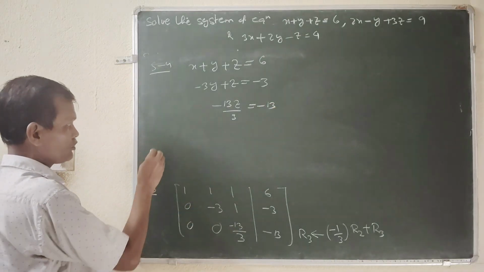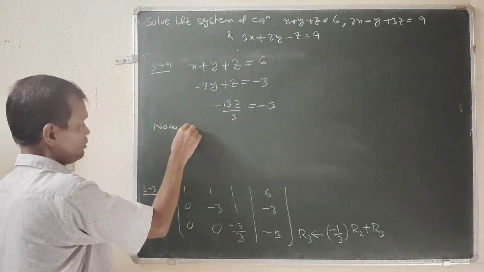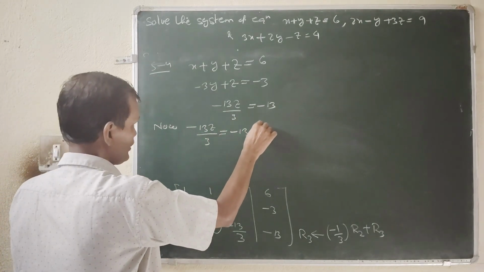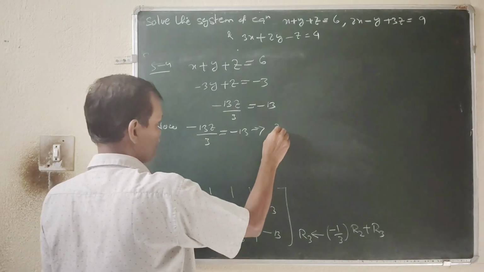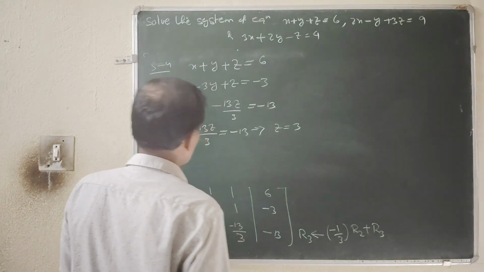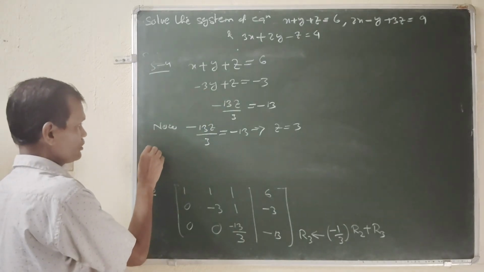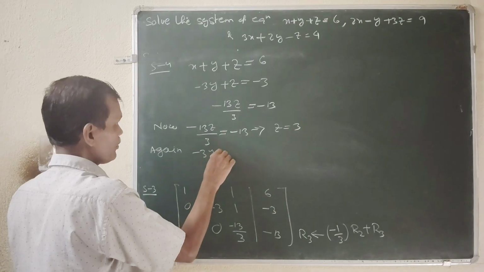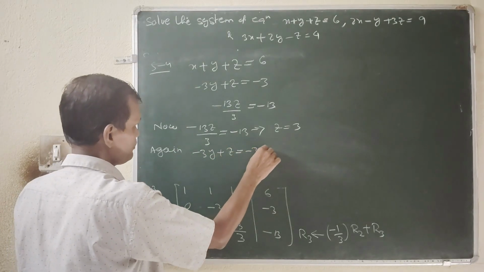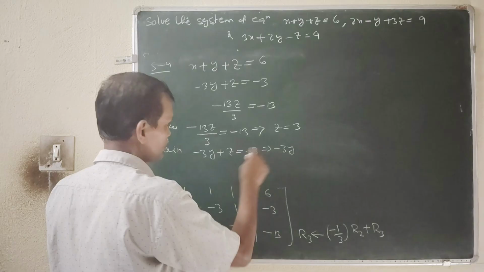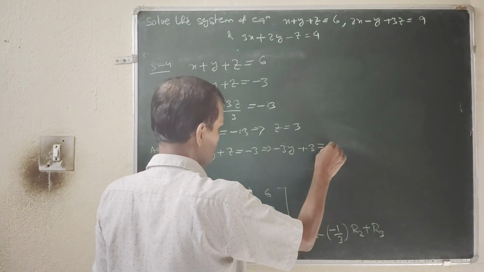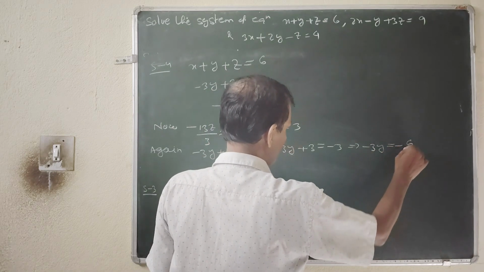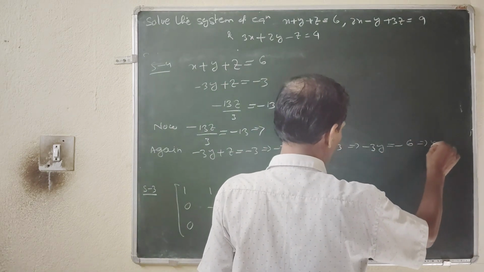Okay, so by backward substitution, minus 13z by 3 is equal to minus 13 implies z is equal to 3. Then put this value of z in the second equation. So again, minus 3y plus z is equal to minus 3 implies minus 3y plus 3 is equal to minus 3. So that implies minus 3y is equal to minus 6. That implies y is equal to 2.